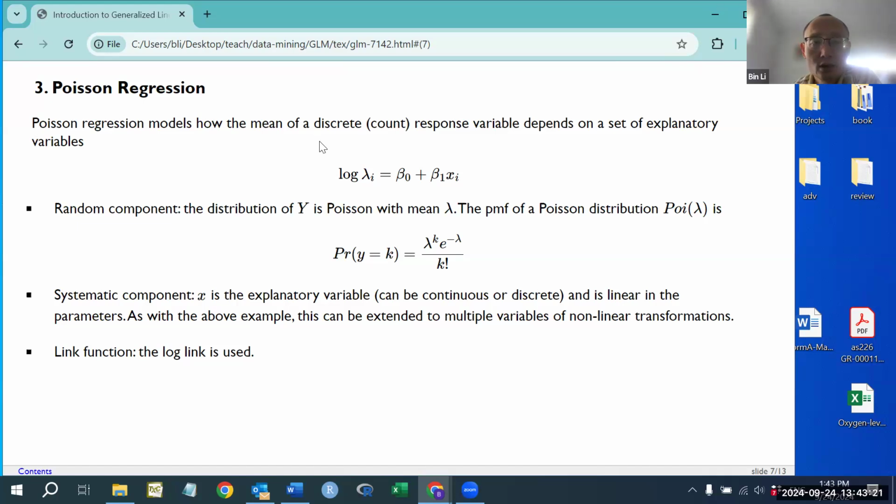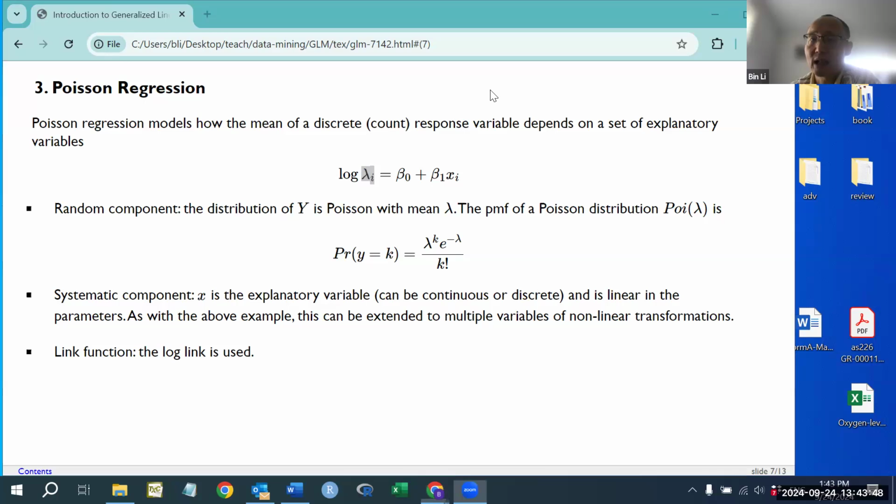It models a discrete response variable, usually a count, on a set of explanatory variables. We usually use the log as a link function, so we have the log of lambda i.